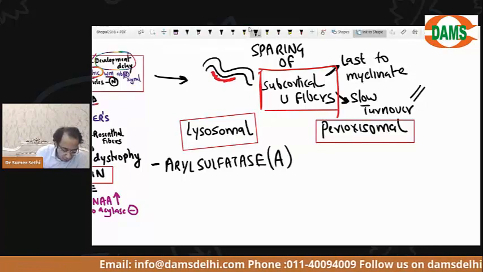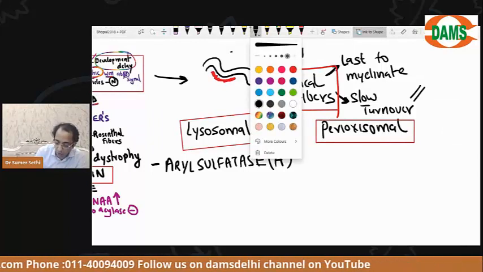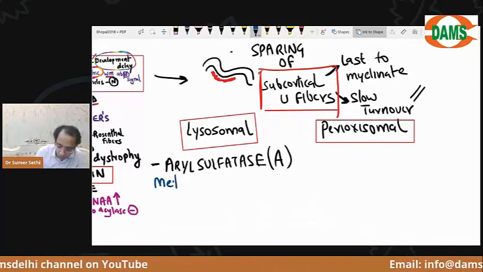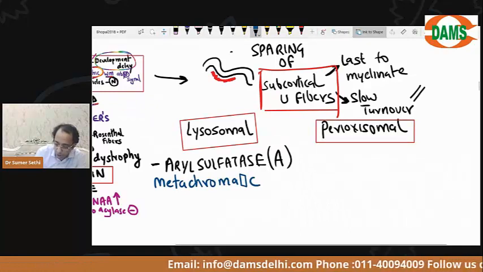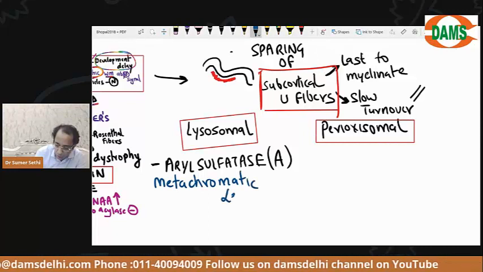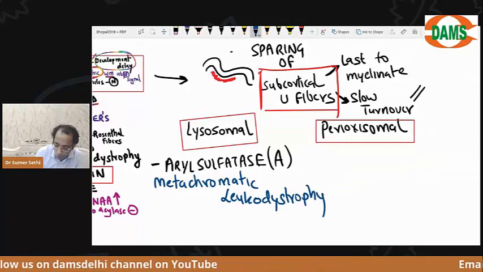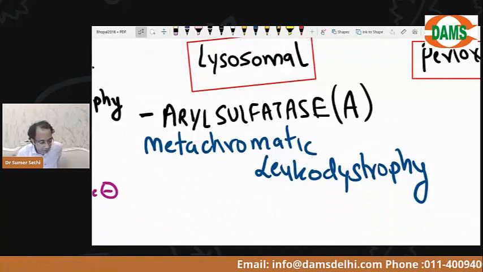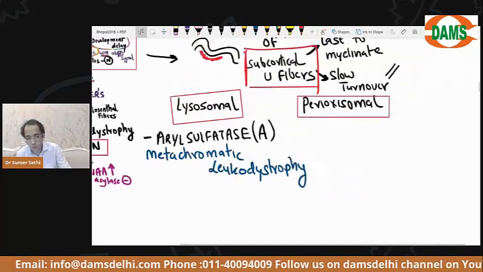It is called metachromatic leukodystrophy. Okay. So in metachromatic leukodystrophy, you will have sparing of subcortical U fibers because it's a lysosomal disorder.